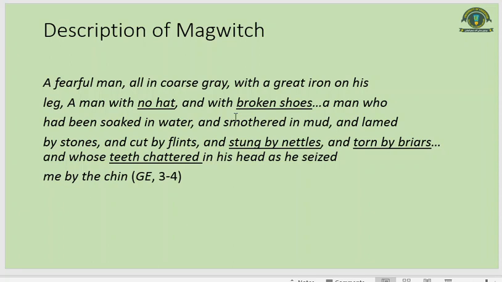His teeth chattered, and he was just a fearful symbol in front of a little kid.